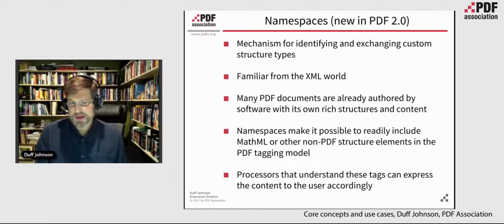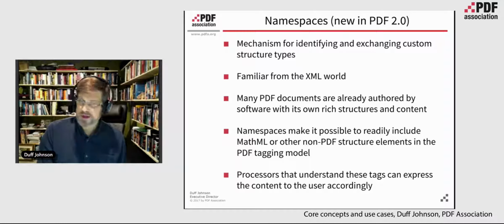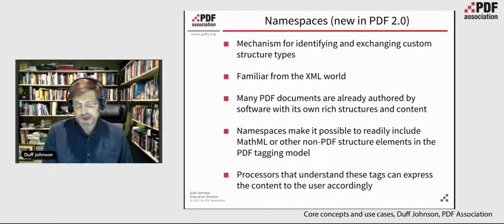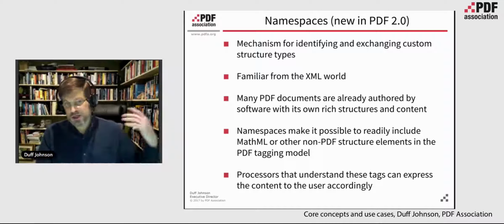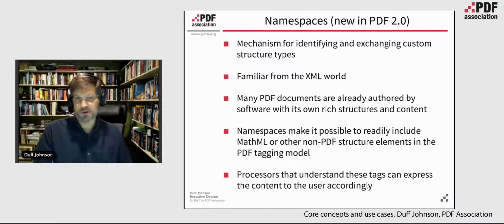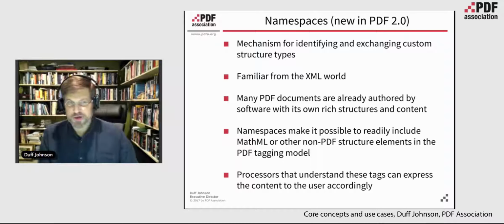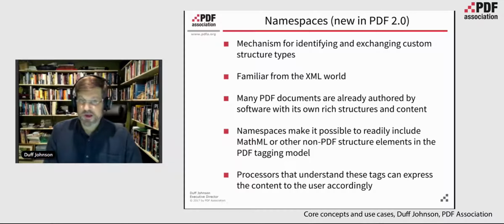So then these namespaces make it possible to include these rich structures, and therefore make it possible for the downstream viewers to be able to wake up and say, hey, I understand the metadata in this document. You're actually part of the accounting department over here. And this kind of thing is very useful in the document management space and the various other spaces as well.